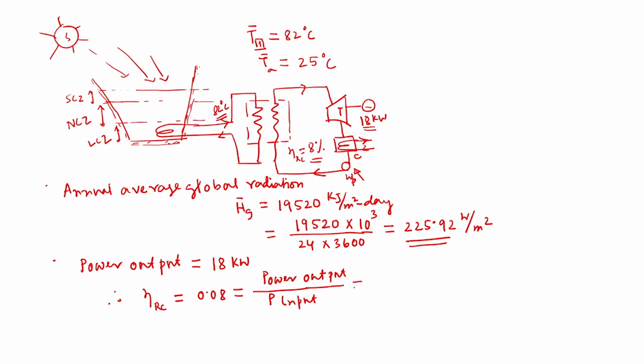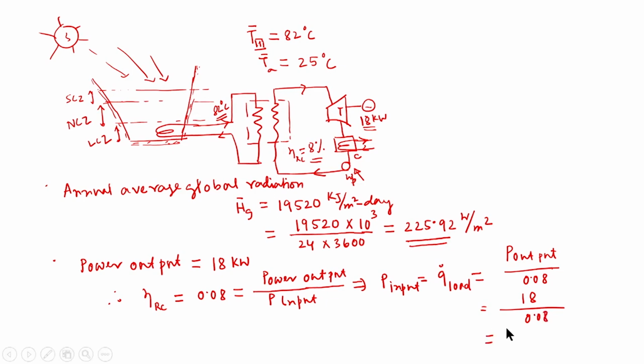So, this P in or P input which is equal to Q load will represent, which is nothing but P output, which is power output, and this will be something like 0.08. Okay.